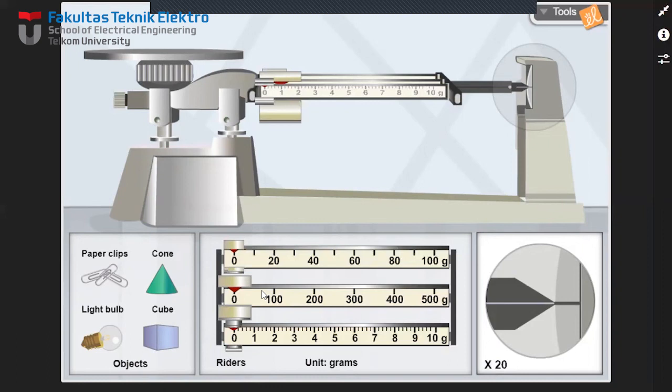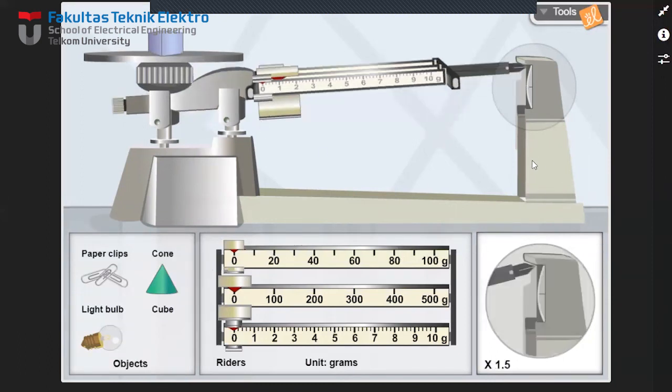Okay, next I'm going to show you how to weigh an object. There's a cube here, now we're putting it in here. As we can see here, the equilibrium point is not on 0, right? That means the load is heavier than the balance.